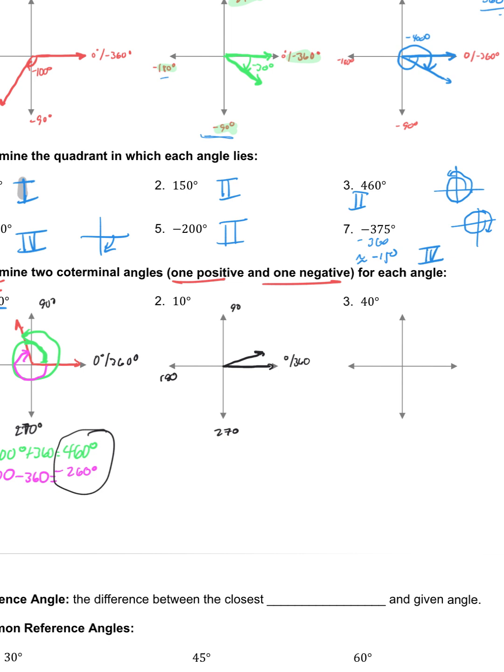Initial side and terminal side. Okay, there's my 10-degree angle. I need two of them. My first one, I'm going to start here. I can't stop at this one, so I'm going to go all the way around and wind up right there. I always try to show that I went around this axis. So that's 10 degrees plus 360 degrees, which gives me 370 degrees.